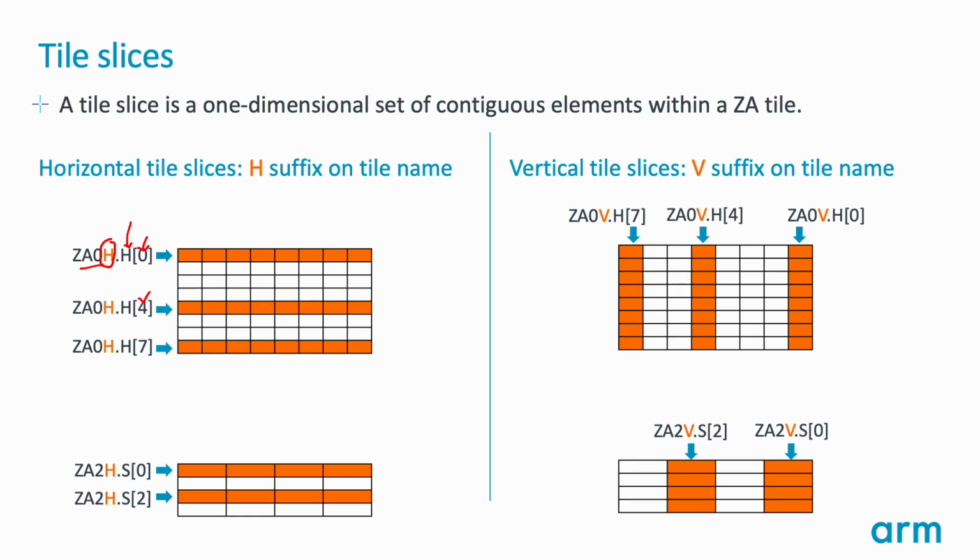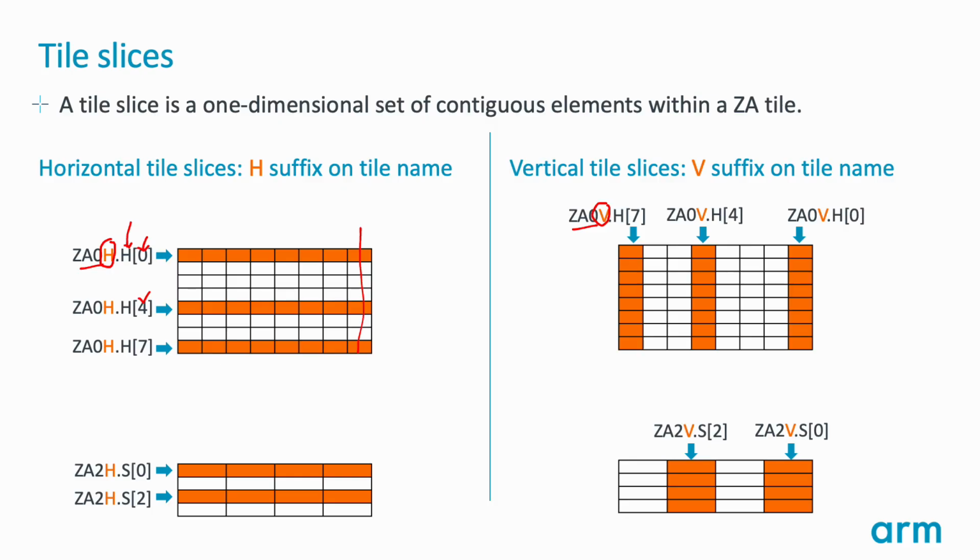Similarly, if you want to access the vertical slice, you suffix V to the ZA0 tile name. You are representing that you are accessing a vertical array of data, and the element size is a 16-bit element. Which is the tile? It is the ZA0 tile.